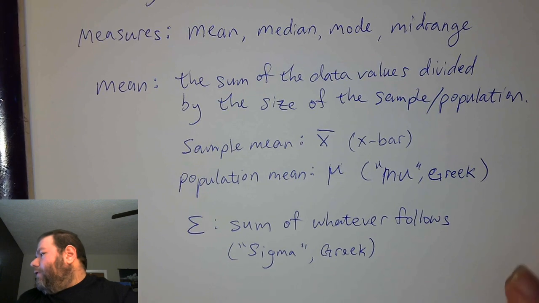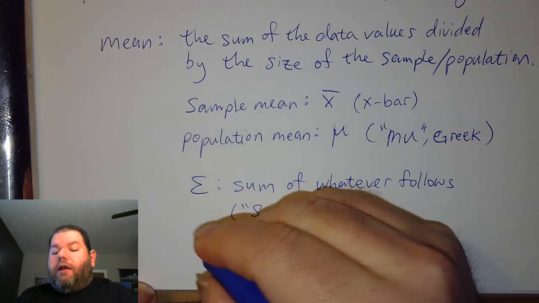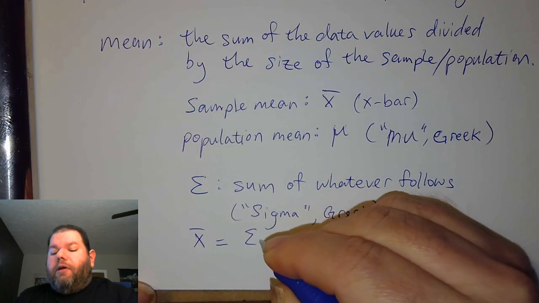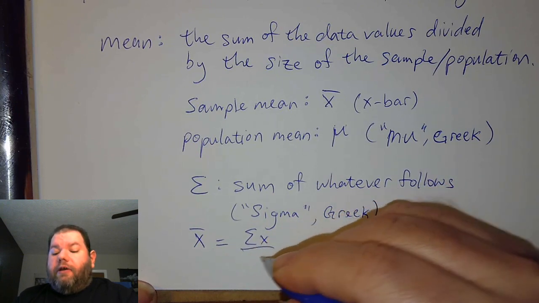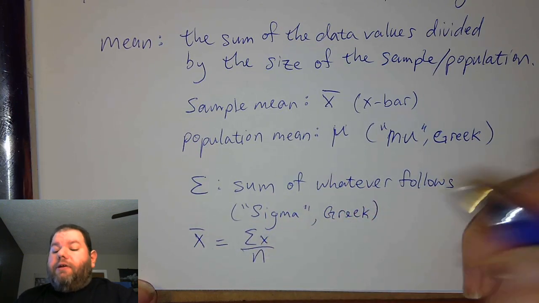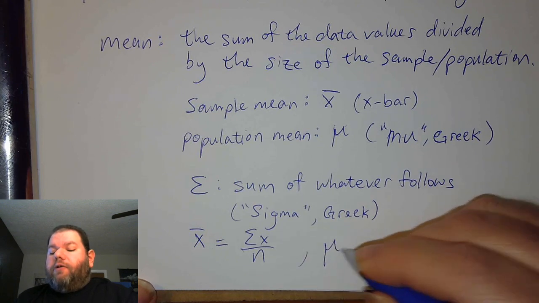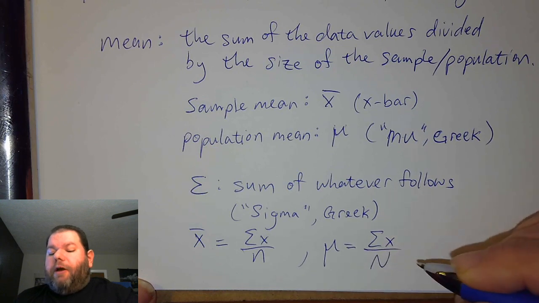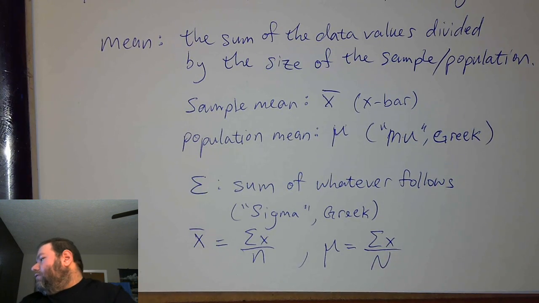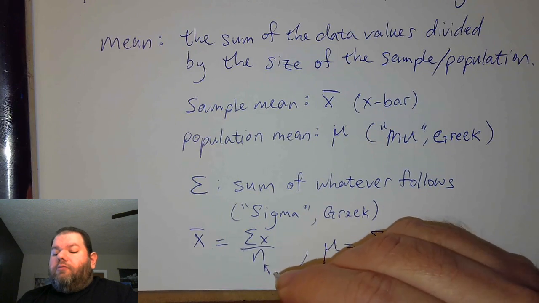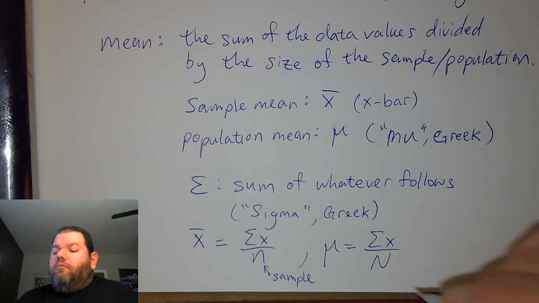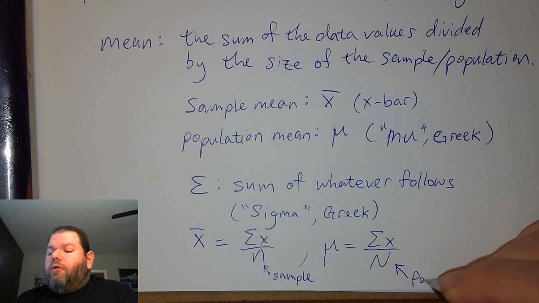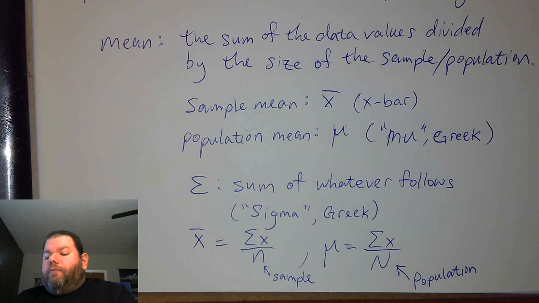So based on that, we can define x bar as the sum of data values x divided by sample size n, and we can define mu as the sum of data values x divided by population size N. Okay.